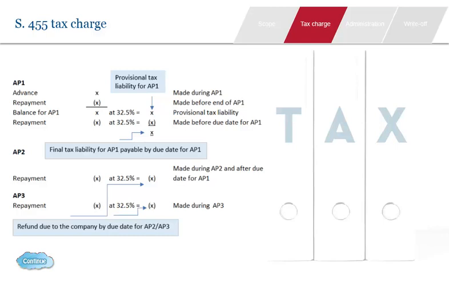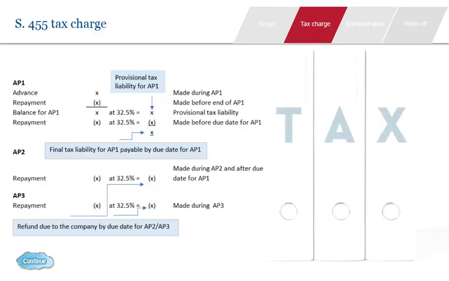To calculate the tax charge, we must first identify the balance of the loan outstanding at the end of the accounting period in which the loan is made, referred to here as AP1. In so doing, relief is given for repayments made before the end of AP1. We then multiply the balance by 32.5% to give the provisional tax liability for AP1.